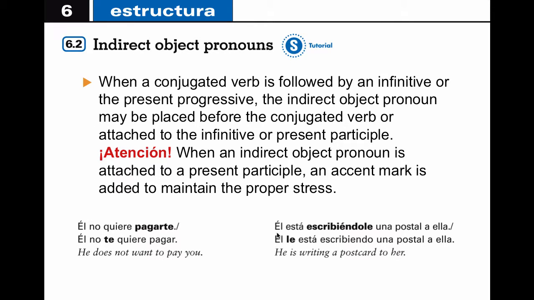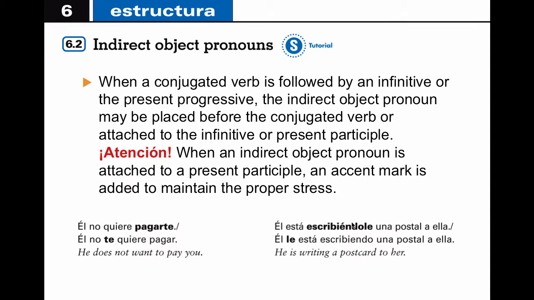Okay. Él está escribiéndole una postal a ella. Él le está escribiendo una postal a ella. So we see here again, later on, whenever we're using this together with the present progressive, which is just the form when we're describing something that we're doing in the moment, we have a choice.